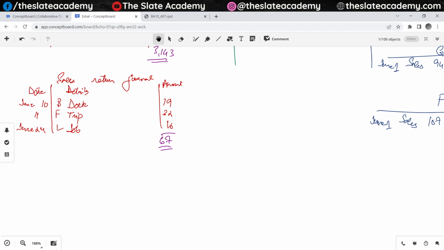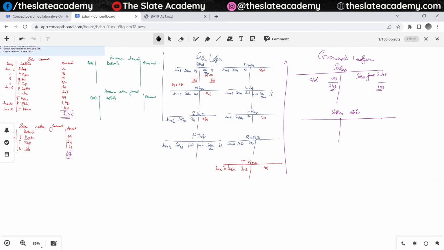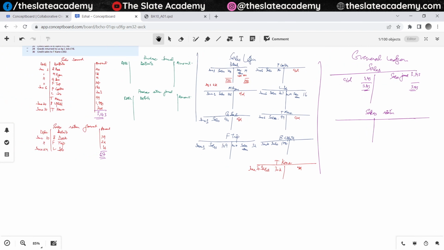And this 67 gets taken to this sales return T account in general ledger. So on the debit side, I write sales return, which is how much? 67. And I write sales return journal.